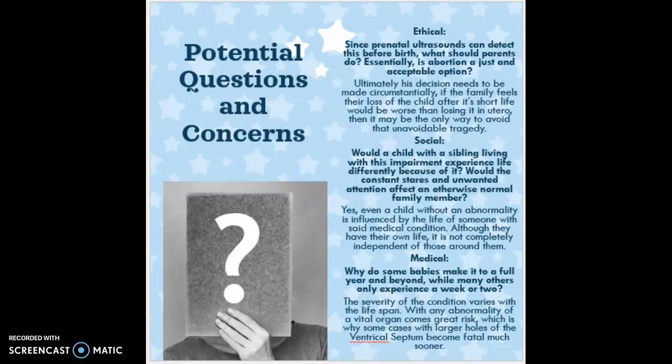With any abnormality of a vital organ comes great risk, which is why some cases with larger holes of the atrial and ventricle septums become fatal much sooner. If there is a lack of septum, a lack of separation between the chambers, it's going to cause a greater problem much quicker than if there is just a hole.